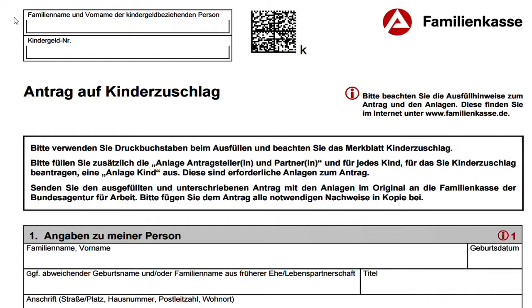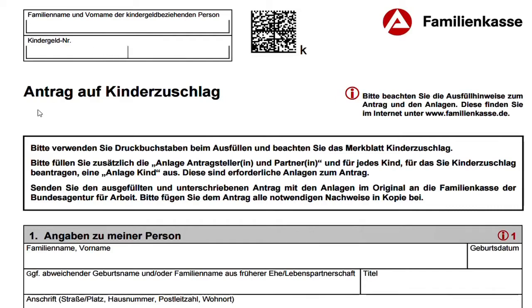So you write the last name and the first name of the person who receives child benefit or Kindergeld and wants to apply for child allowance here, and the child benefit number or Kindergeldnummer, based on which he or she receives the child benefit, here.